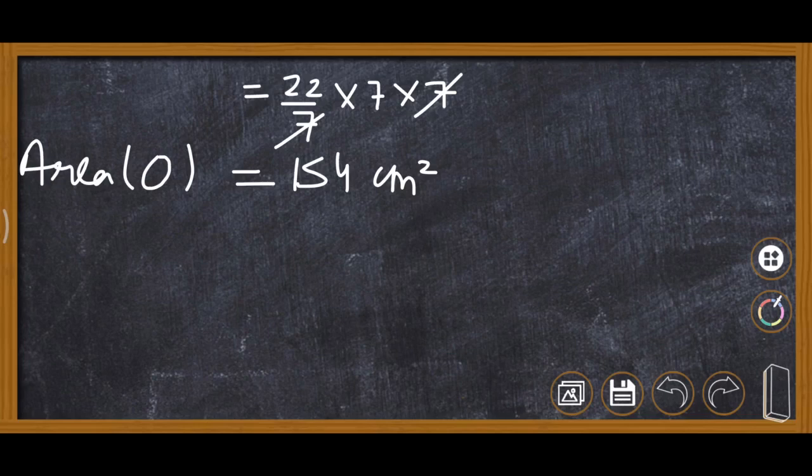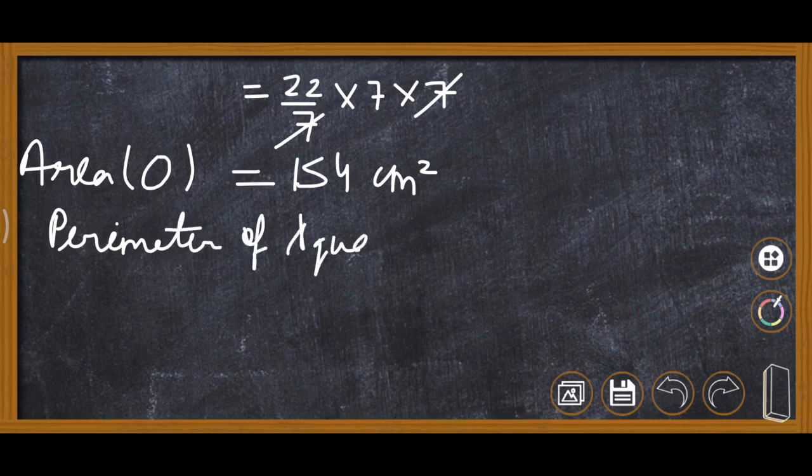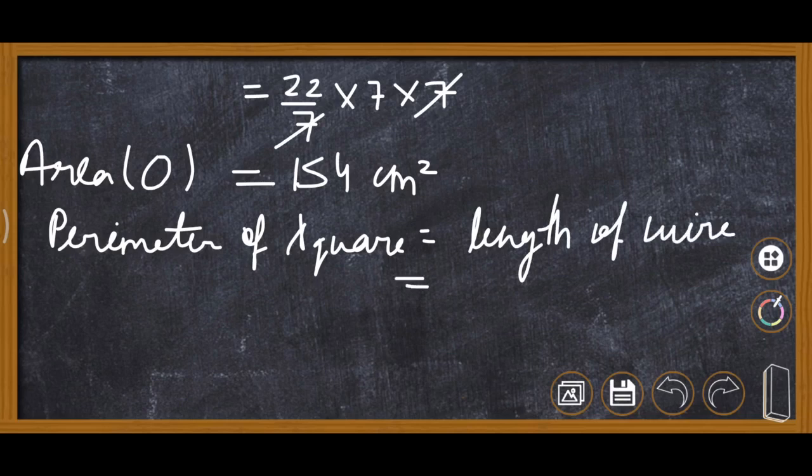Now it is given the same wire is converted into the shape of a square. So the perimeter of a square is equal to the length of wire. This length of the wire is 44, and the formula of perimeter of a square is 4 into side.